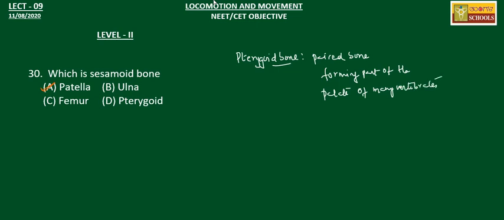So here the sesamoid bone is the patella. And one more point, the patella is an ossification that takes place in tendon. So that is seen in case of the patella, which we call the knee cap.